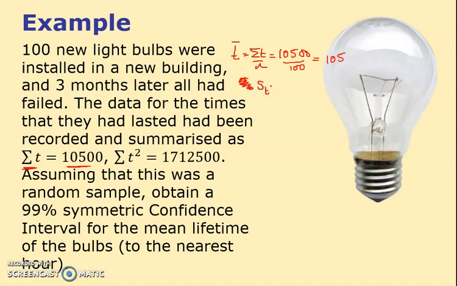The unbiased version says S_T squared equals, and I won't have to square root it then, it's 100 over 99 times by 1712500 over 100 minus 105 squared.